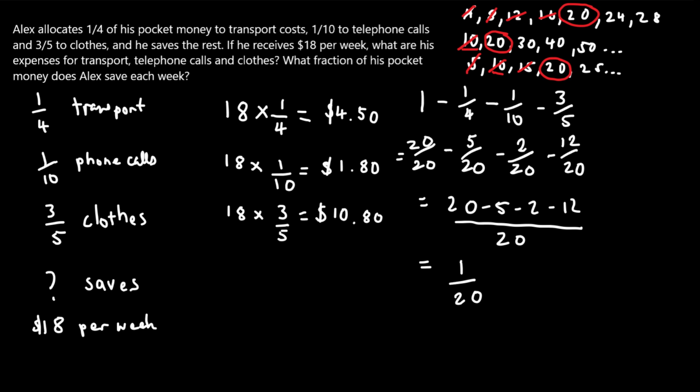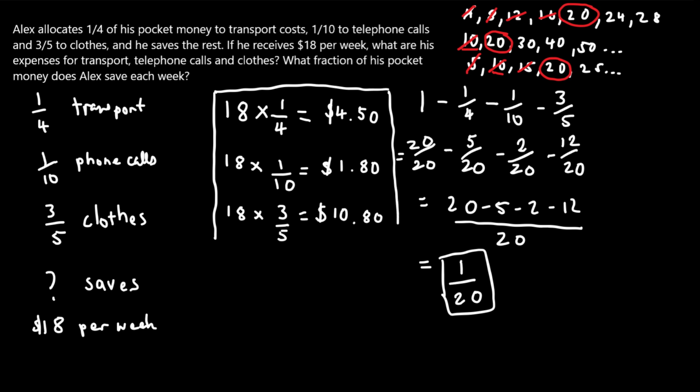That's 90 cents. But I guess with savings, you've got to start somewhere. Alrighty, so these are our answers. 1/20 and just here for our transport, phone calls, and clothes.